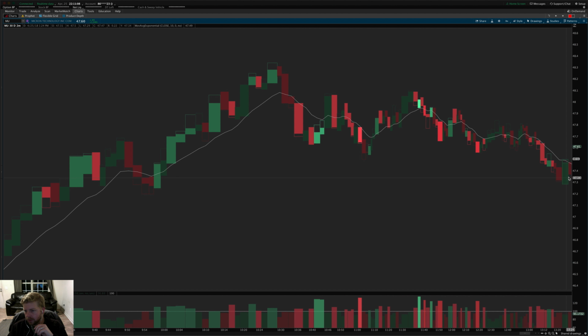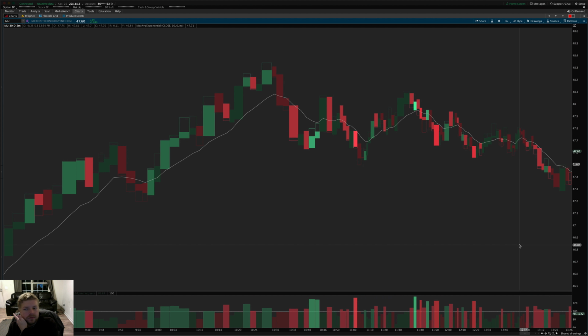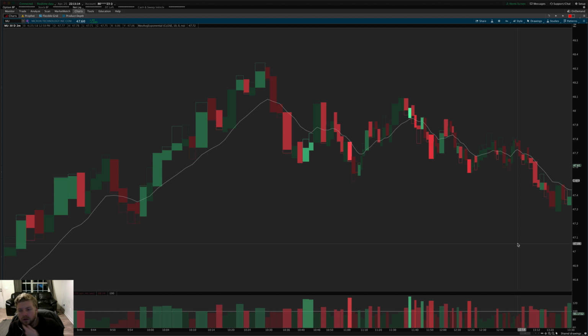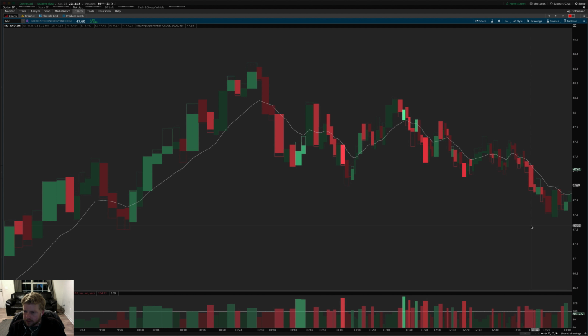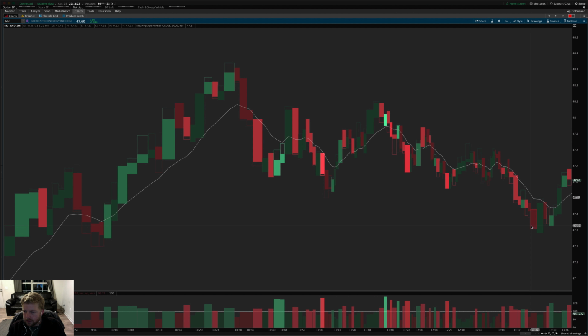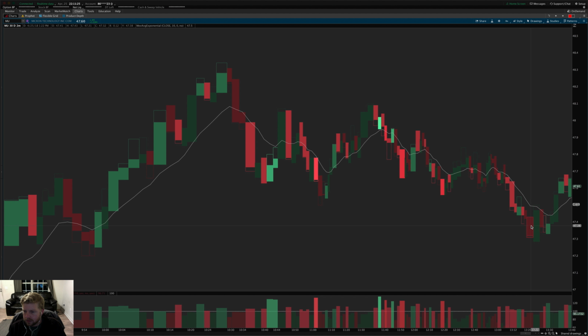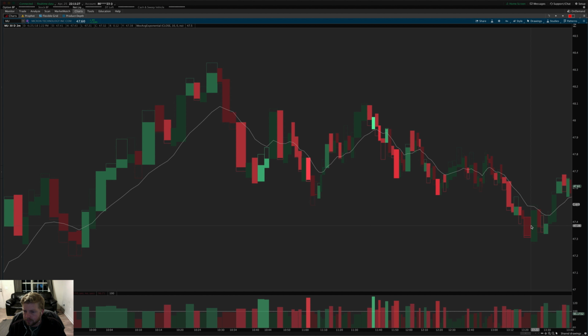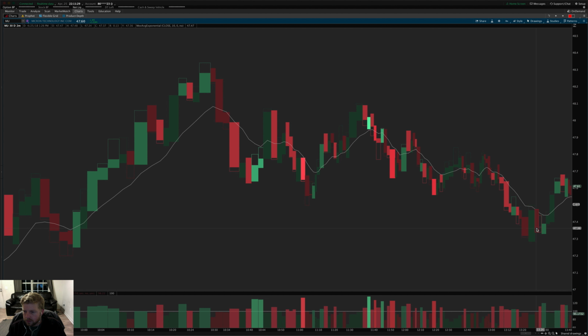Got some volume coming in here finally, but not really much commitment. And there is some context there, some commitment in the long direction. I don't really see a signal yet though. So we've got light volume, light commitment red bars here, which can be good for a long trade above.